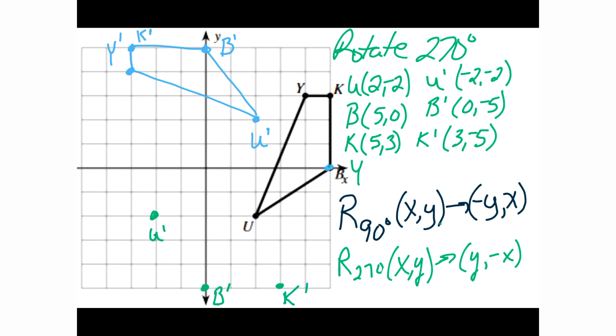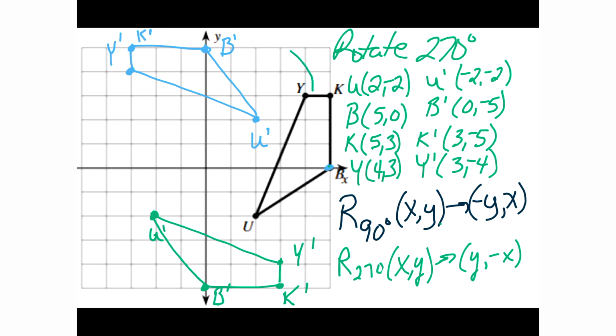And then we got Y, which was at 4, 3. So Y prime then becomes 3, negative 4. So here's Y prime. Connect my dots here. And there's my image. So I have rotated 270 degrees about the origin. And there is my new image.